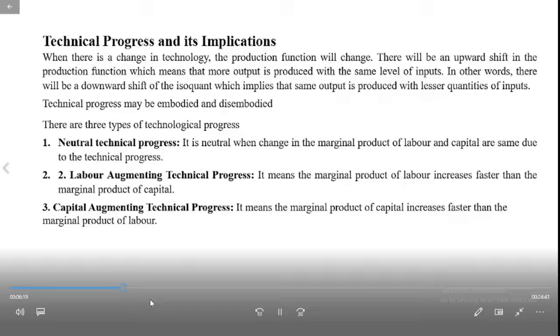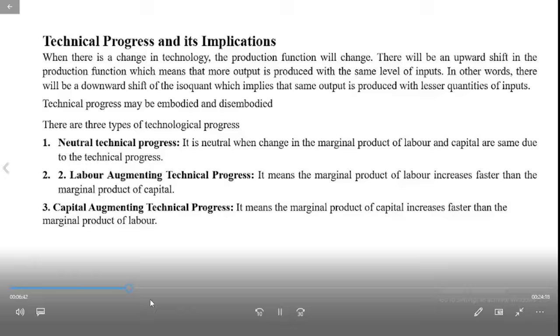Then what is capital augmenting technical progress? Here the increase in marginal product of capital will be faster than the increase in the marginal product of labor. That means we are able to save more capital because of the technical progress to produce the same level of output.